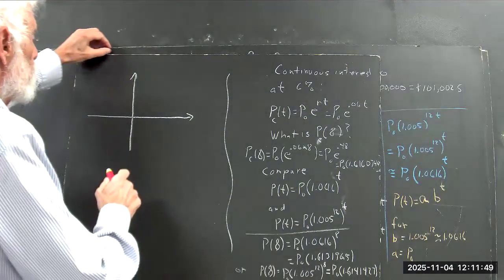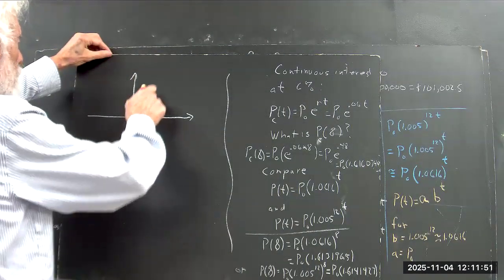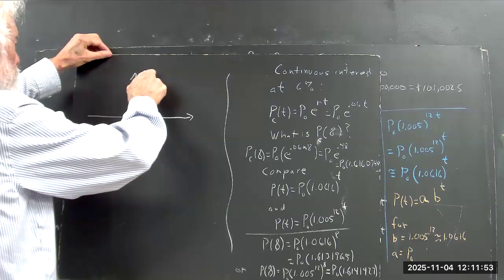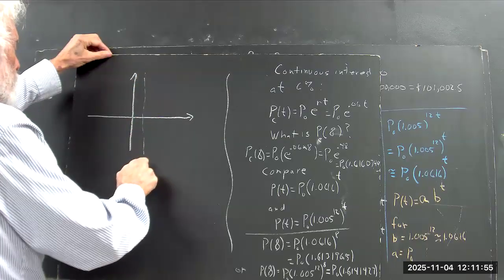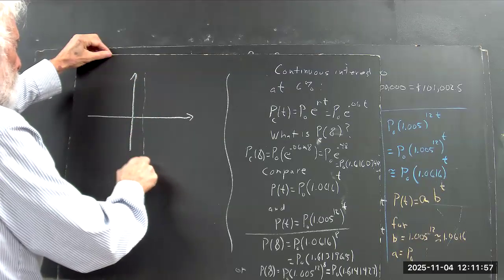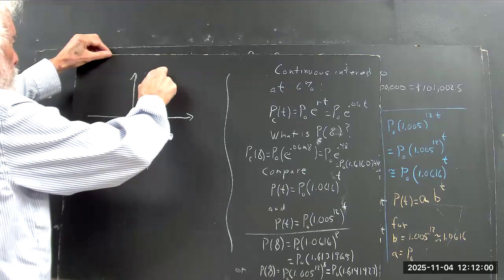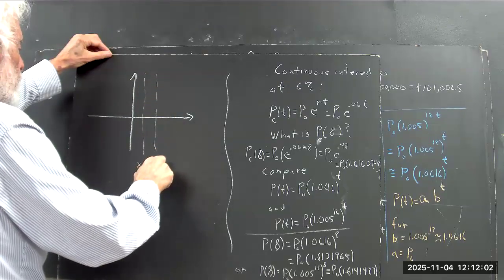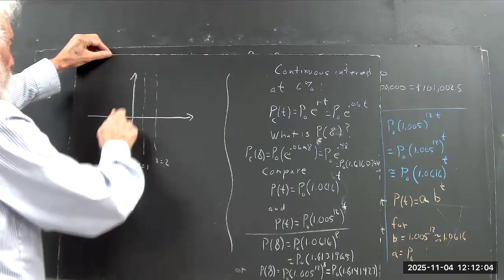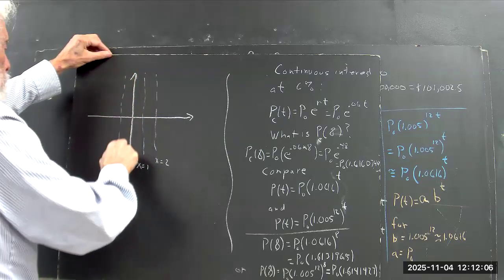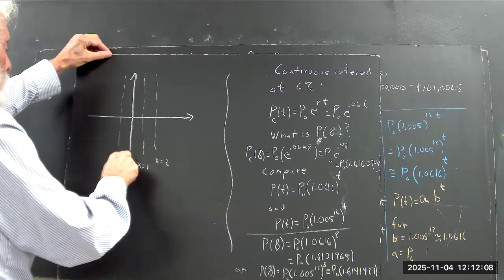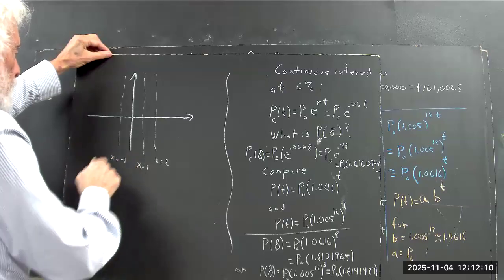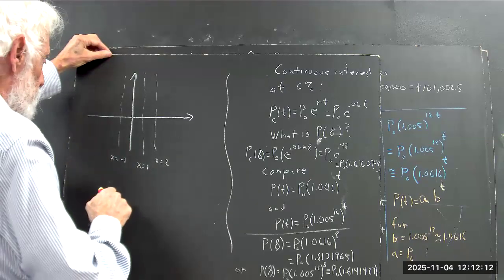Okay. The function y equals 2 to the x. If x equals 1 here, x equals 2 here, x equals -1 here, and we could go as far as -2.